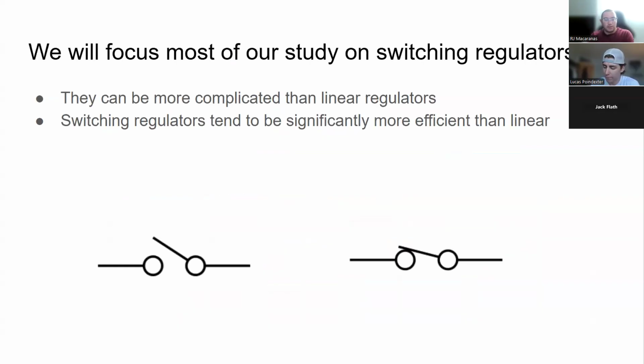So switching regulators are a little bit more complicated than linear regulators, right? Before, we effectively just had a little pass transistor, a voltage divider network, and an op amp. It's a relatively simple concept, these linear regulators. But the switching regulators can get into very complicated control theory.